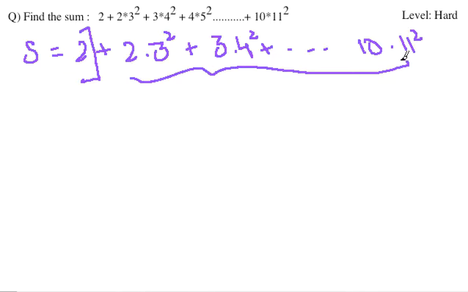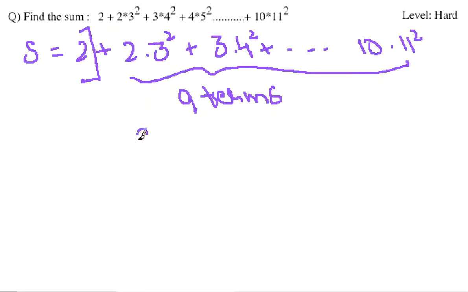Now how many terms are there in this expression? It starts from 2 and it ends at 10. So there are 9 terms clearly in this expression, and we can represent each term in terms of the nth term. So what will be the nth term for this particular series?